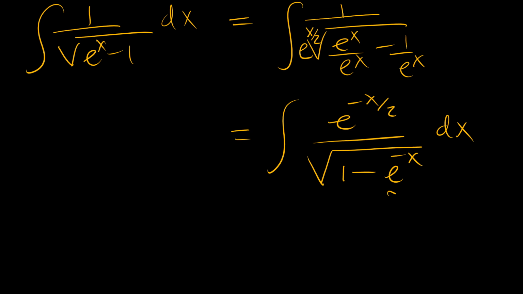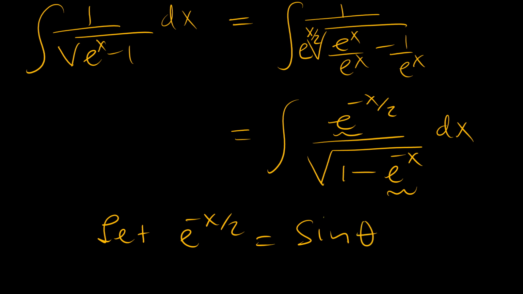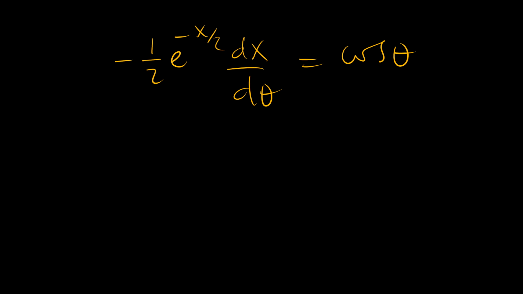So since this is the square of this, we could just say let e to the power negative x over 2 be equal to something like sine theta, right? And such that negative 1 over 2 e to the power negative x over 2 dx d theta will be equal to cos theta.